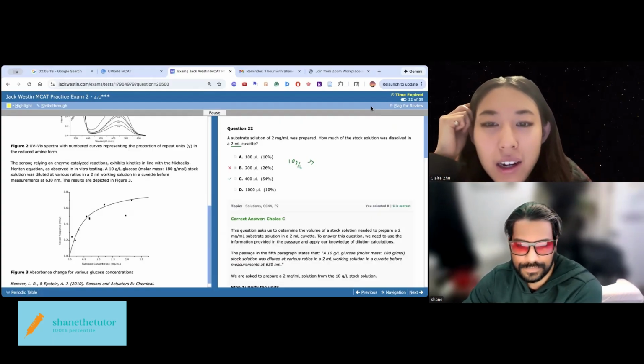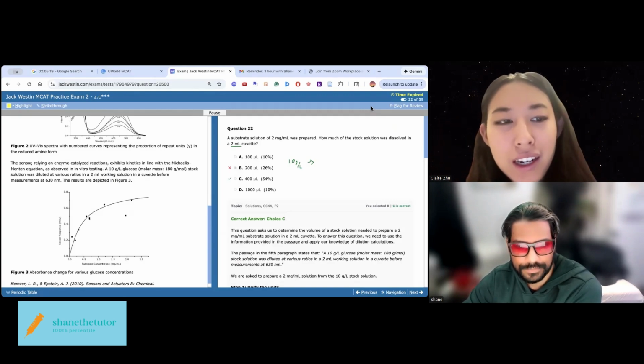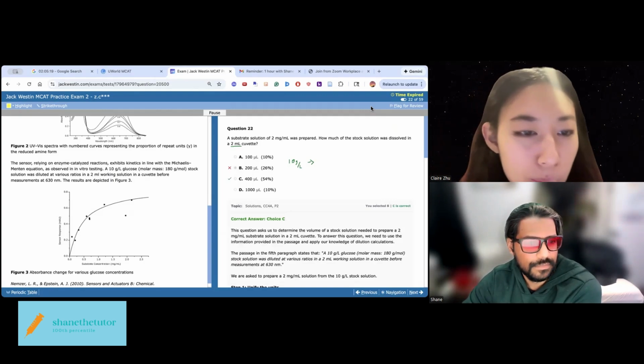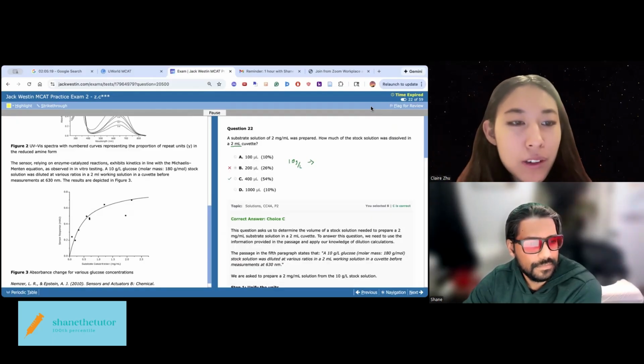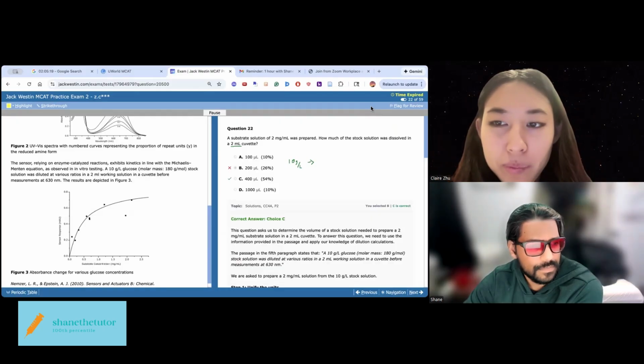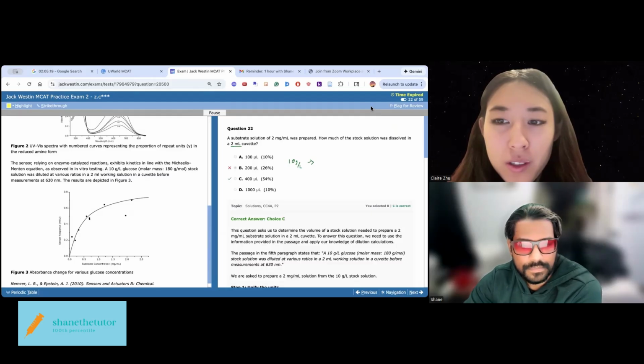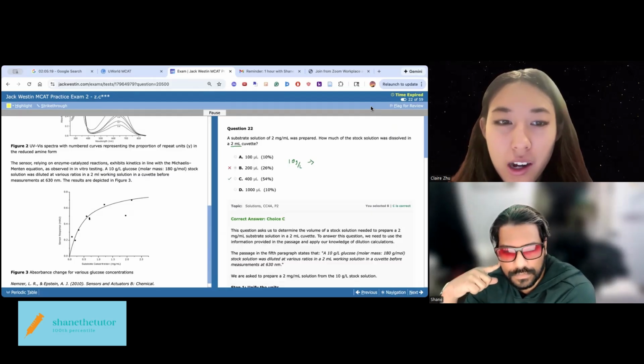I was a little stuck from there because they're diluted in various ratios of 2 milliliters. But then we're being asked how much of the original stock.